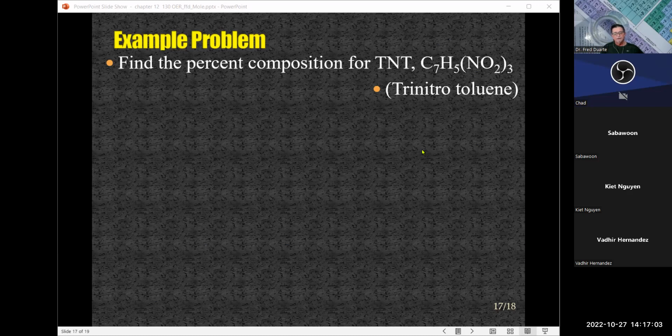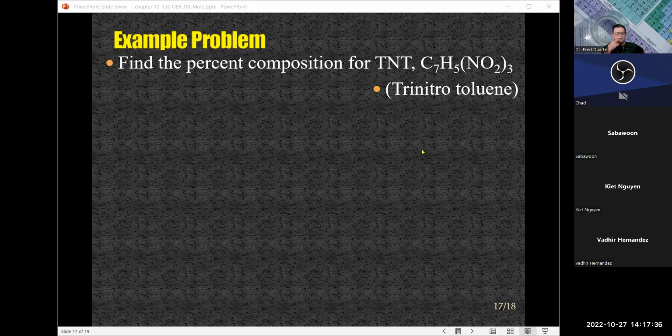Find the percent composition for TNT. Anybody know what TNT is? Dynamite. TNT is dynamite. It stands for trinitrotoluene, and there's the given formula for toluene. Side question: anybody know who discovered TNT?